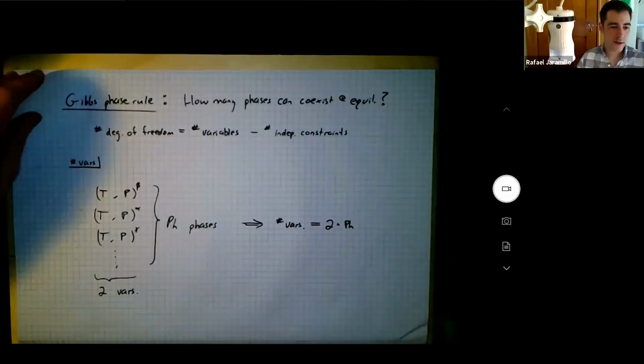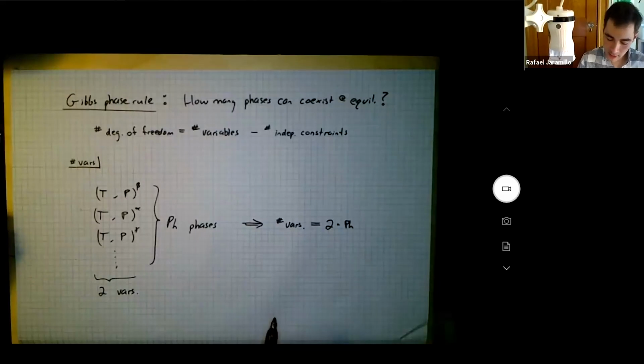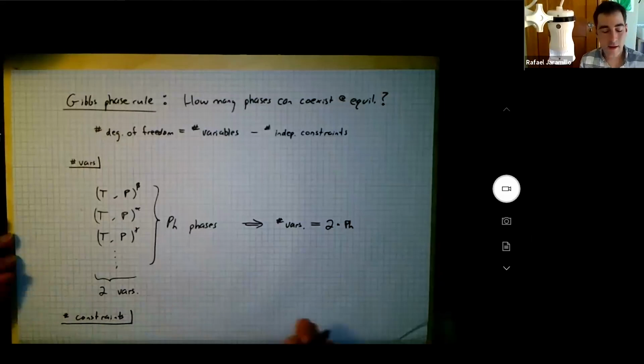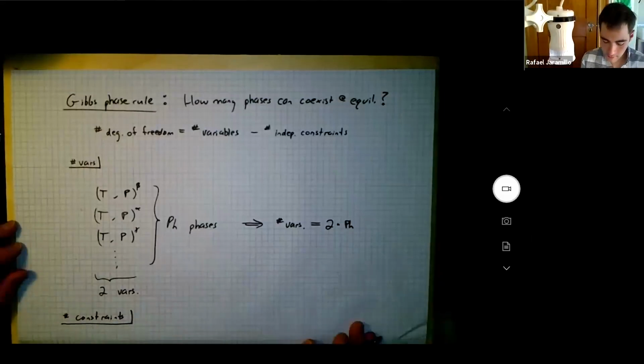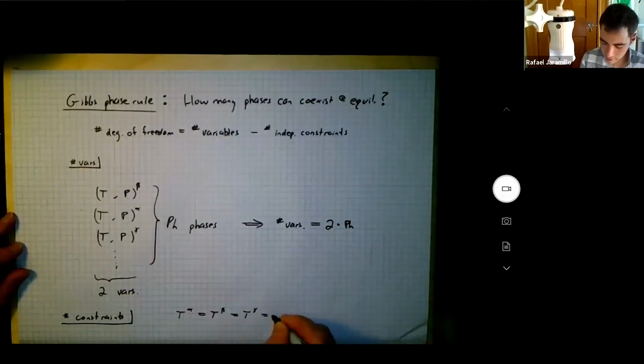Now let's do the number of degrees of freedom: number of variables minus number of independent constraints. I'm not going to write this out because it's very well presented in the text, but my constraints are my equilibrium conditions, such as T of alpha equals T of beta equals T of gamma equals T of all the other phases.